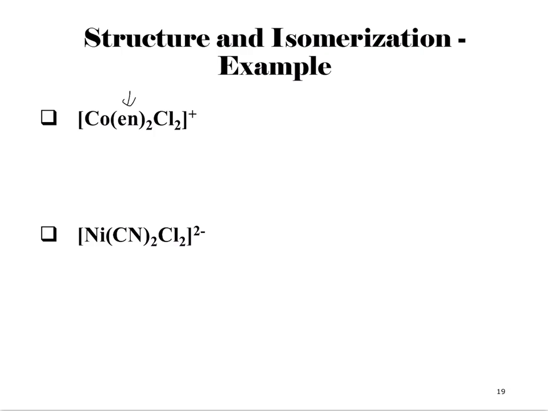So for example, you can have cobalt in both of these cases. We know it's going to have to accept 6 lone pairs. But the ethylene diamine can be either on the opposite or the same side of the cobalt atom, right?